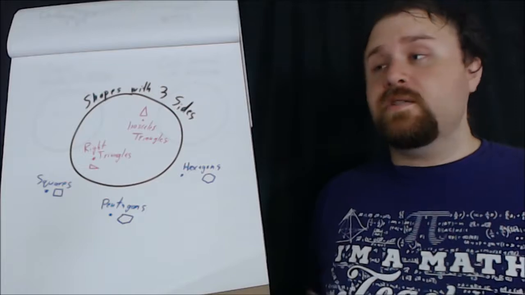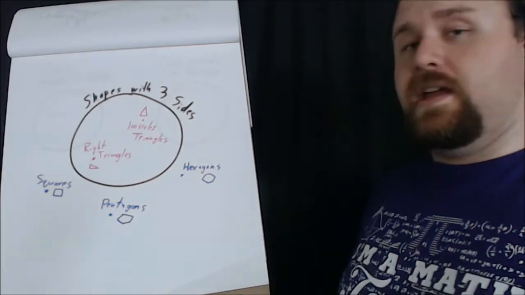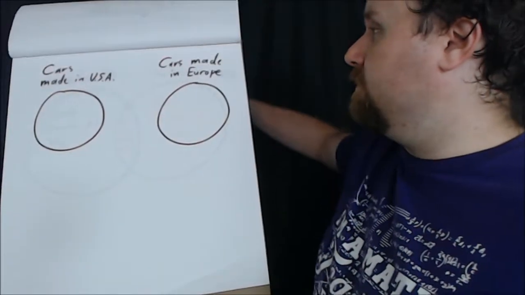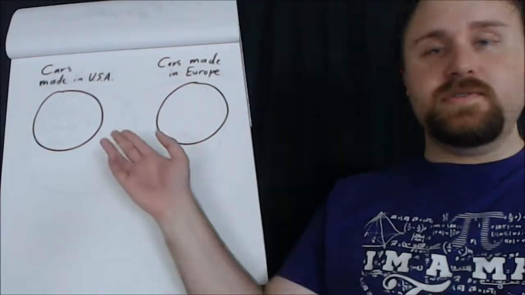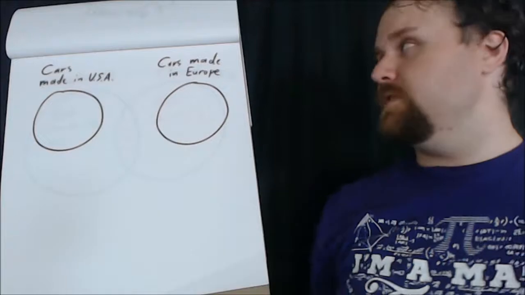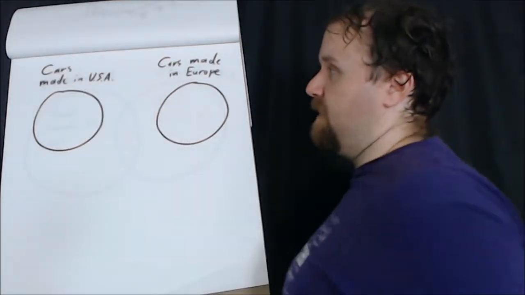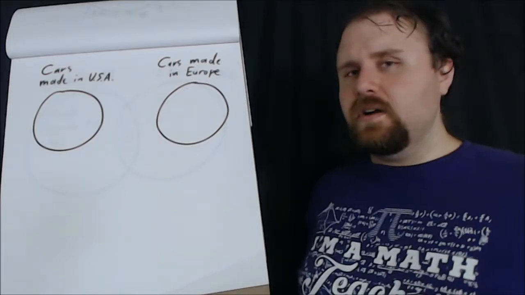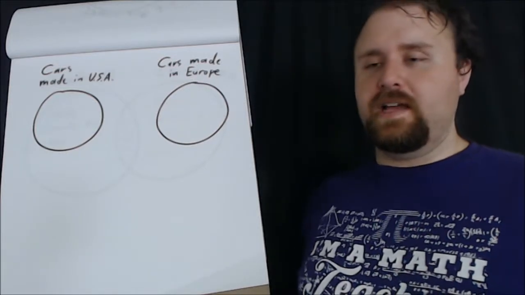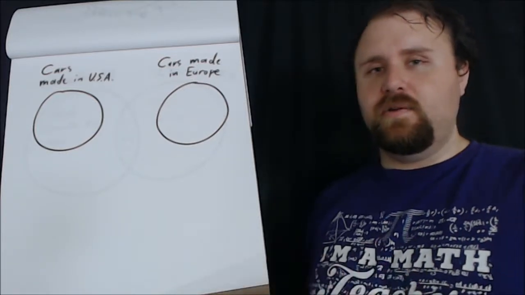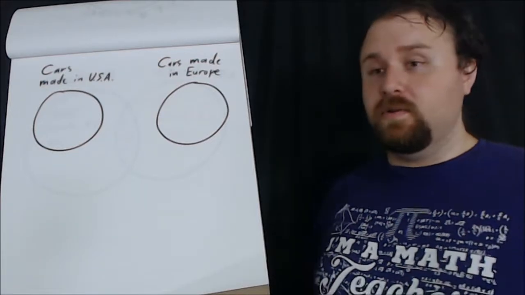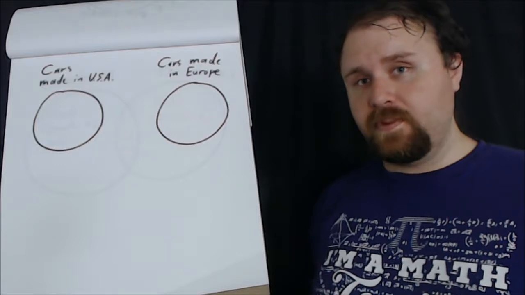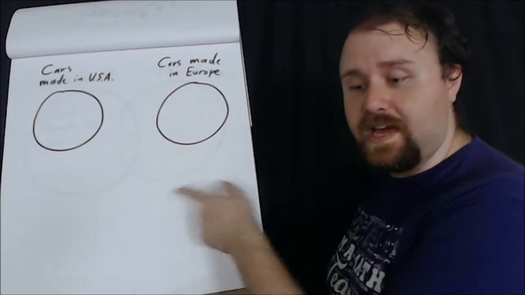If you have 2 categories that don't overlap at all, then you simply draw the categories to reflect that. So you have 2 circles that are completely separate. So you have cars made in the US and cars made in Europe. Now, so long as you specify that we're not talking about cars that were made partway in Europe, partly in the US, we're talking about, say, when the car is actually finished, then you can't have something that's in both of these categories.